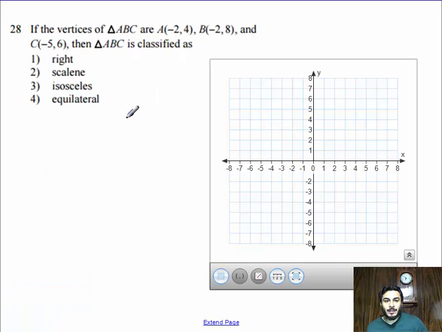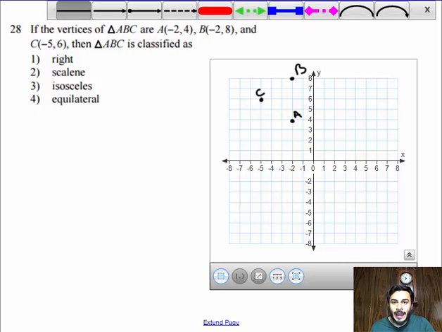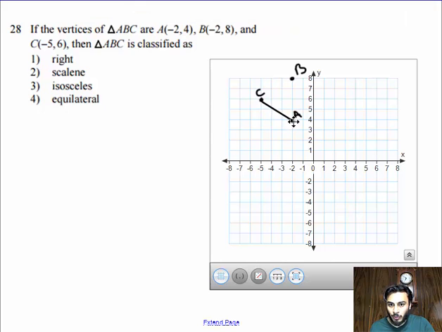Okay, number 28 says if the vertices of triangle ABC are A (-2, 4), B (-2, 8), and C (-5, 6), then triangle ABC can be classified as. So I went ahead and plotted the points on a graph.